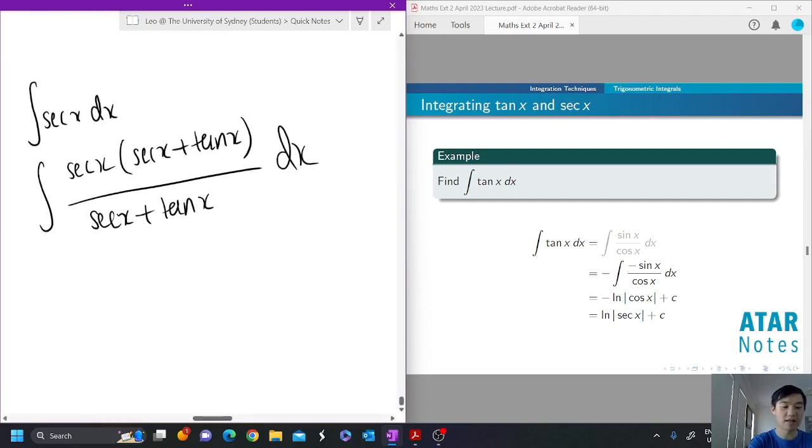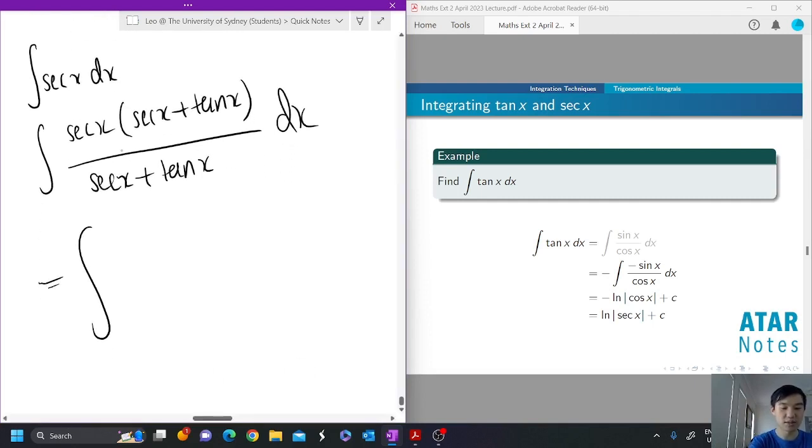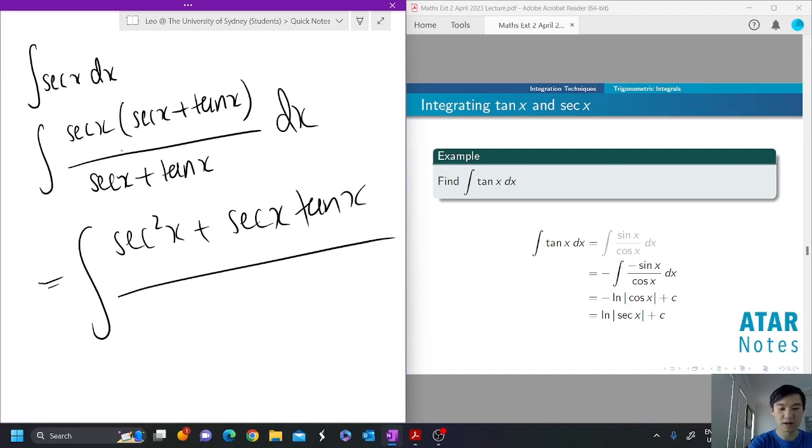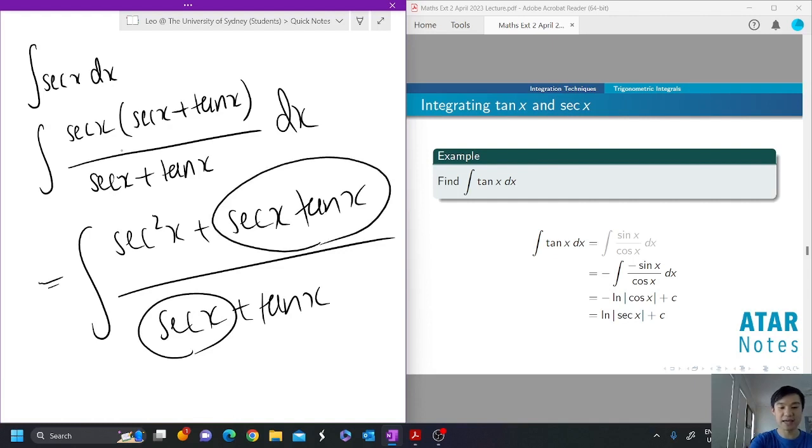The reason why we do this is because the numerator will become sec squared x plus sec x tan x, over sec x plus tan x. And the thing is, the derivative of sec x is sec x tan x, and the derivative of tan x is sec squared x.